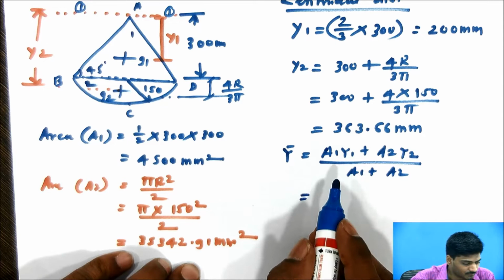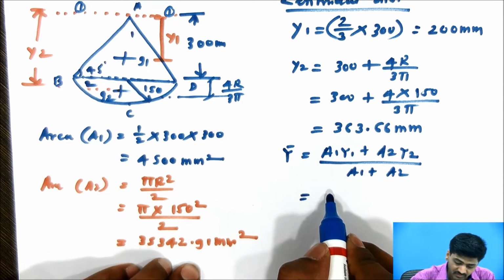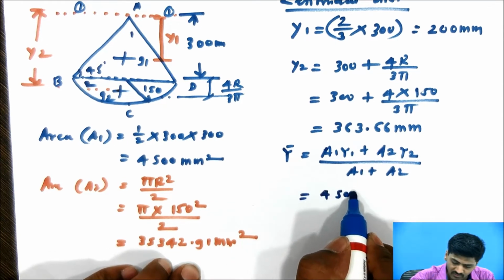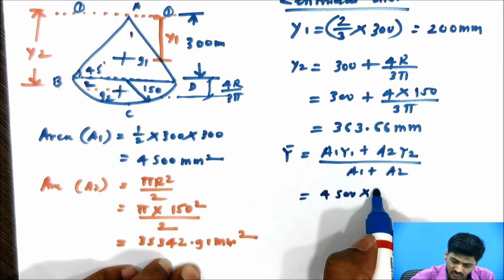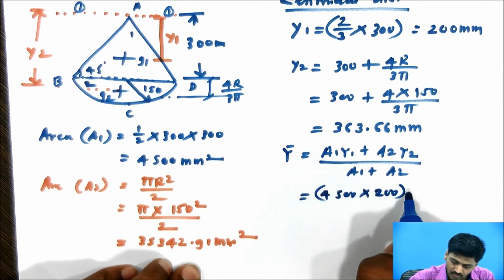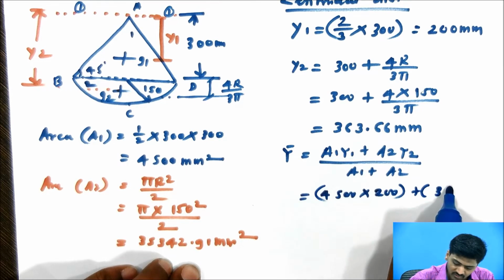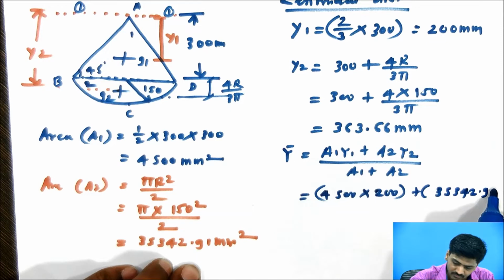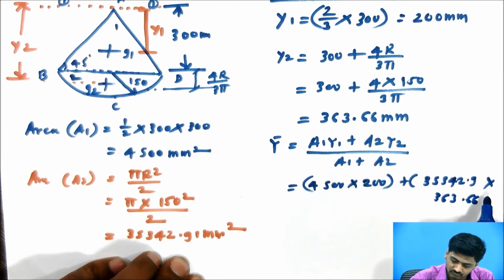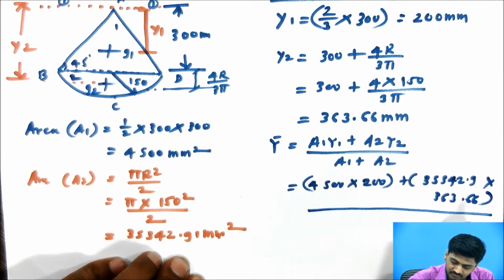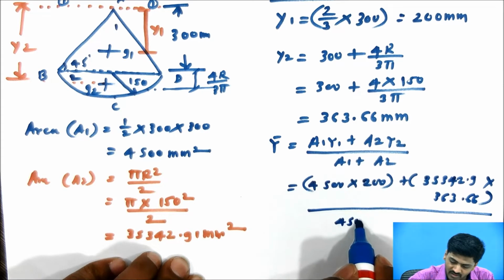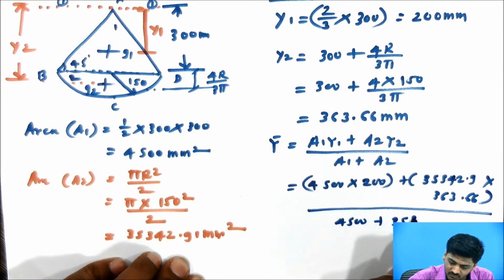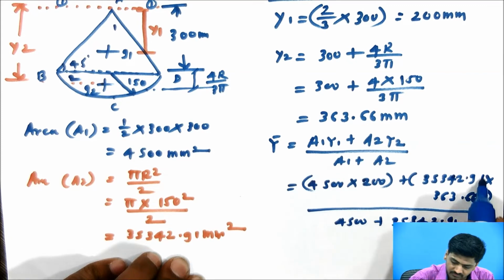Put the formulas. A1, that is 4500 into y1 200 plus A2 35342.91 into 363.66 divided by total area 4500 plus 35342.91.